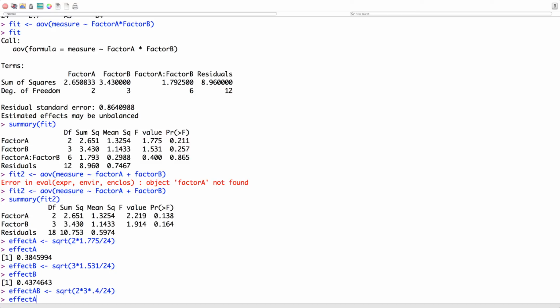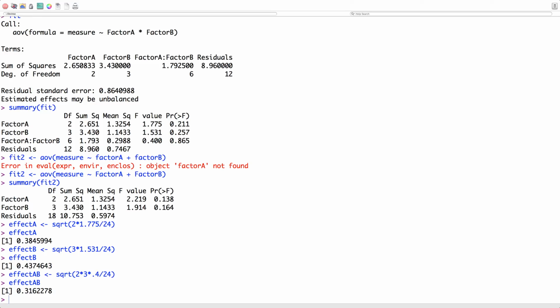So the effect size for AB is 0.31. Now let's get out of here and remember that the effect size for the interaction is 0.32, and I'm going to write that down because I'll forget it.